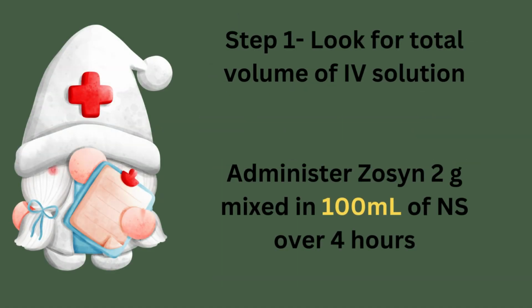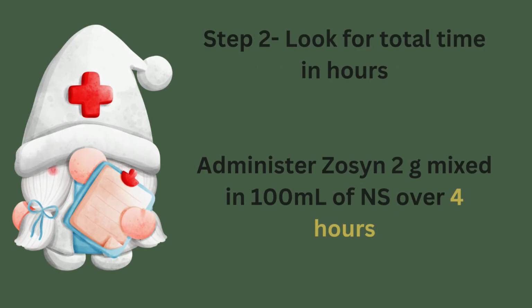All right, here's our next problem. We're going to give Zosyn 2 grams mixed in 100 mils of normal saline over 4 hours. So we want our total volume. That's our step one. So it's 100 mils. Our next step is look for the total time in hours. This one is over 4 hours. Okay, so that's our next magic number.